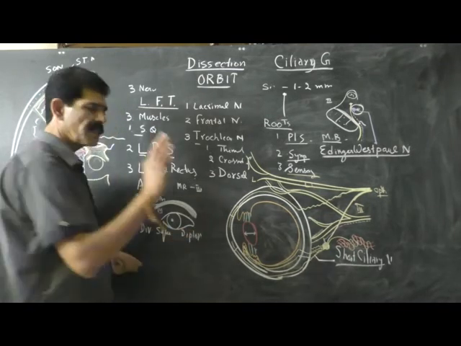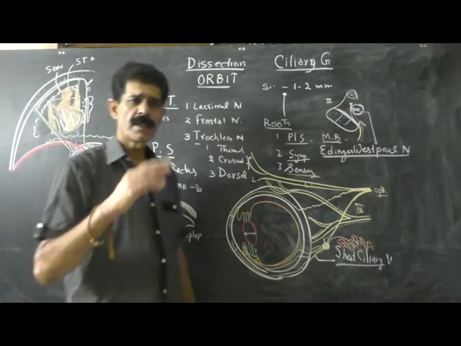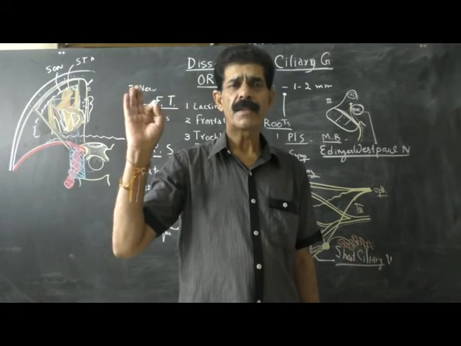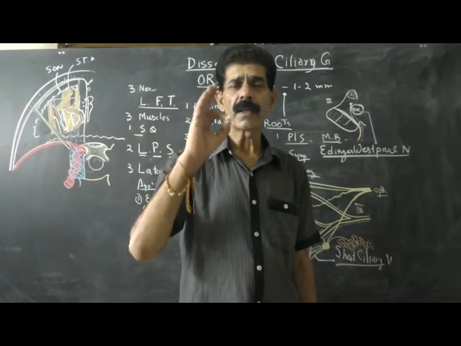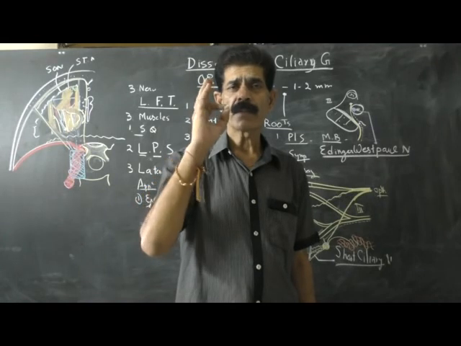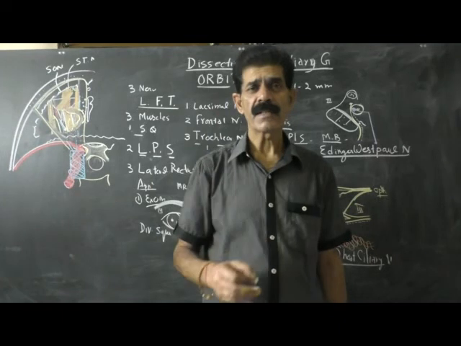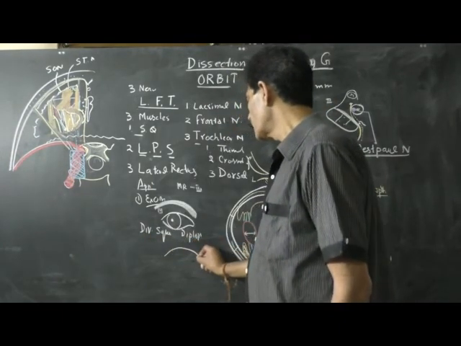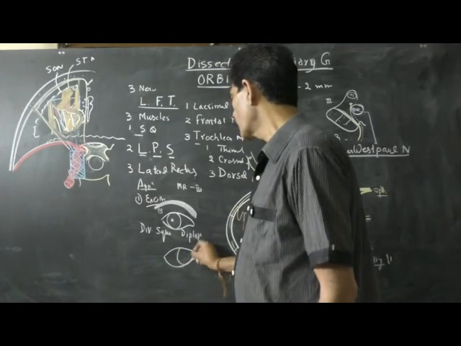with the divergent squint. Opposite is the abducent nerve injury. In the abducent nerve injury, the lateral rectus is not active, it is paralyzed. The medial rectus is okay, the oculomotor nerve is okay. Then the eyeball is rotated medially, and here we see the convergent type of squint.